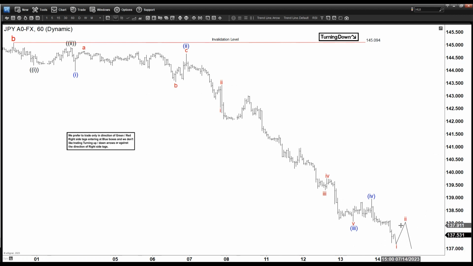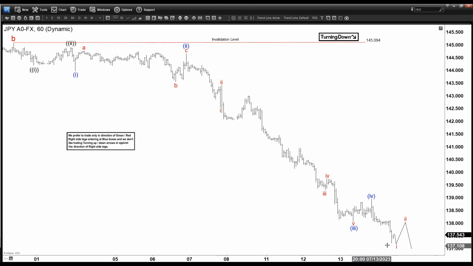So in this case, we are still, by discount, looking for a few more lows here before finishing 5 in blue, 3 in black, and then 4 in black, and then 5 in black to finish C. So that's the idea here. But again, overall, you do need to be a bit cautious to continue to chase on the downside.